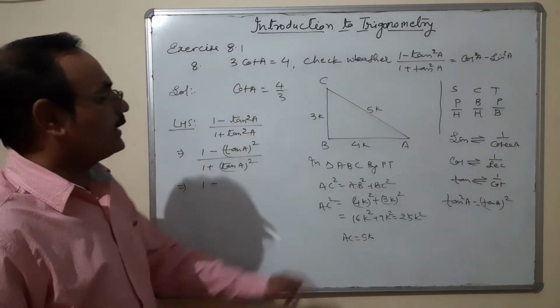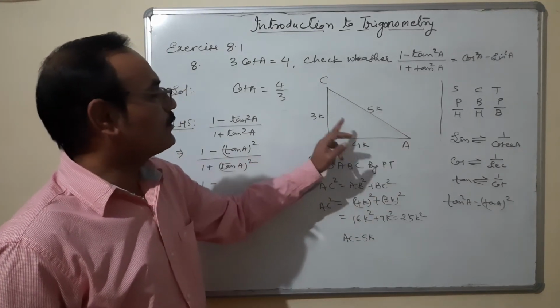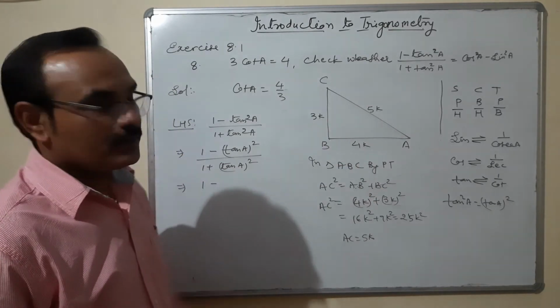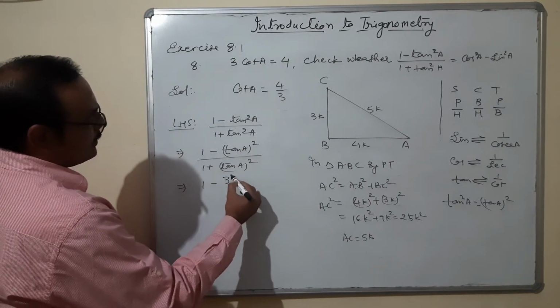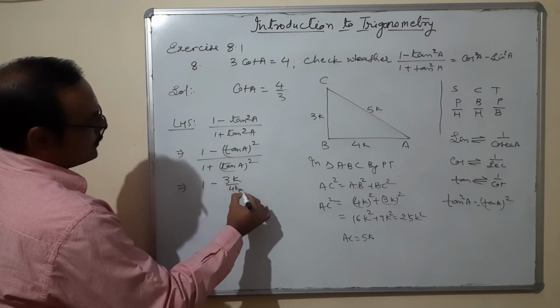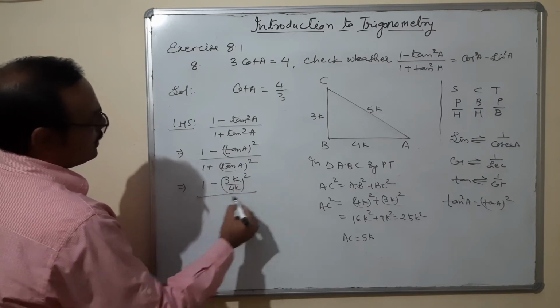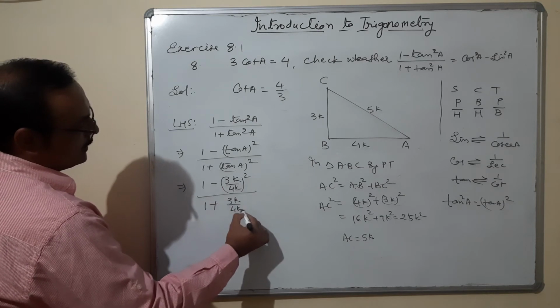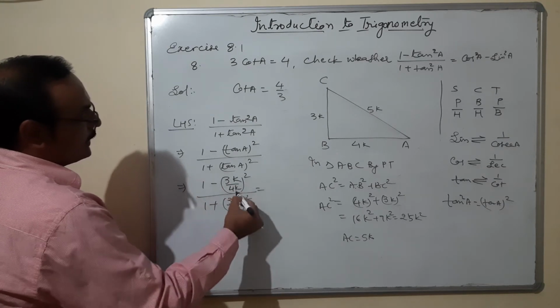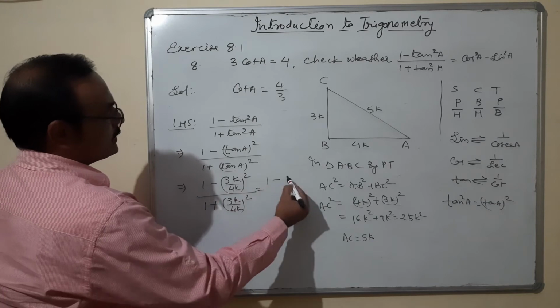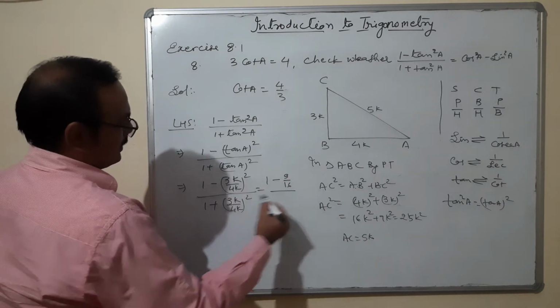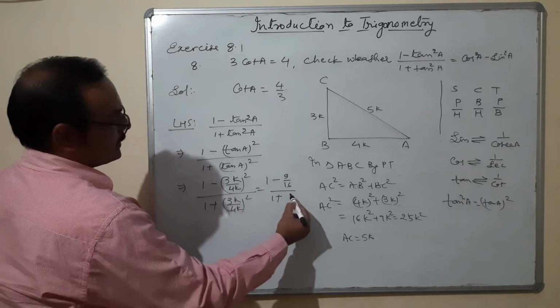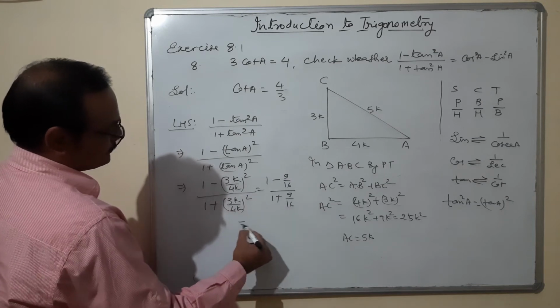What is the value of tan A? Opposite of perpendicular base, 3k upon 4k. So 1 minus 3k upon 4k whole square upon 1 plus 3k upon 4k whole square. K cancel. 1 minus 9 upon 16 upon 1 plus 9 upon 16.